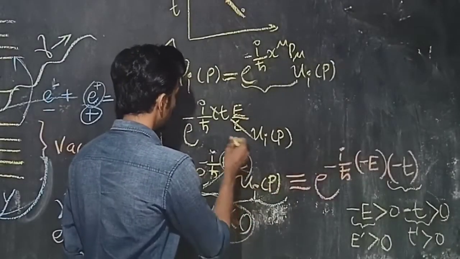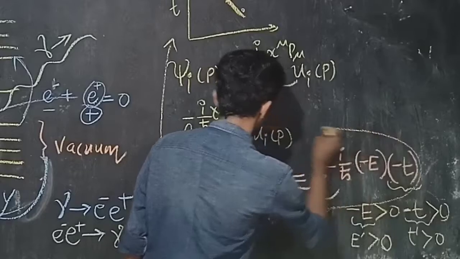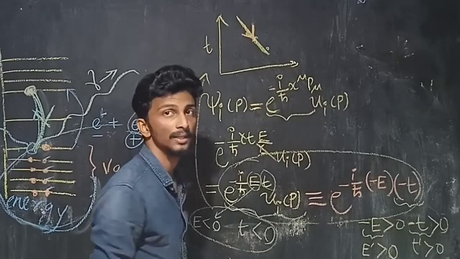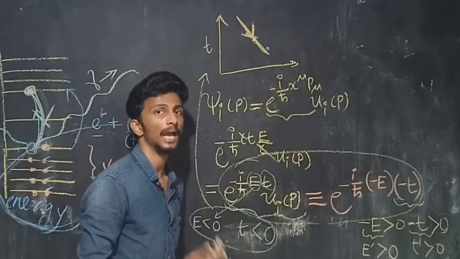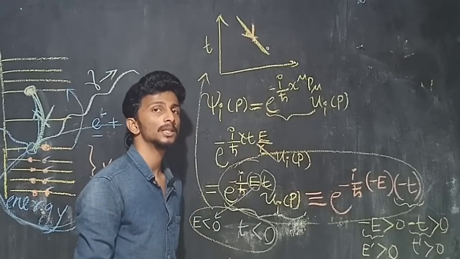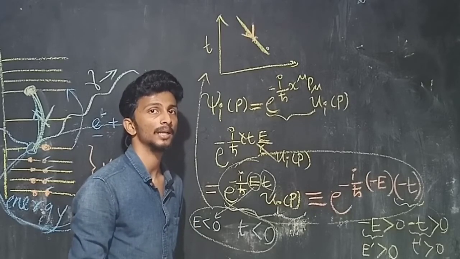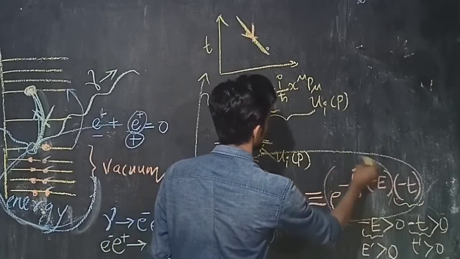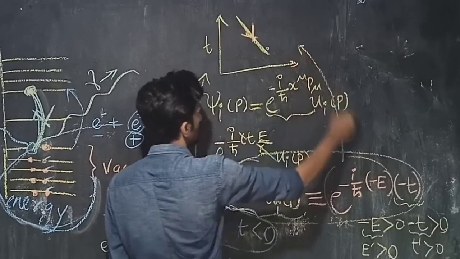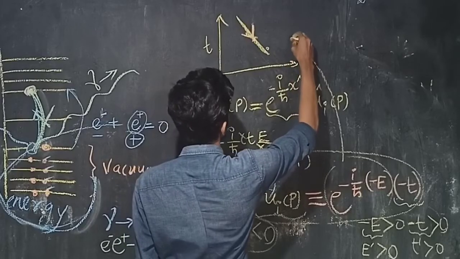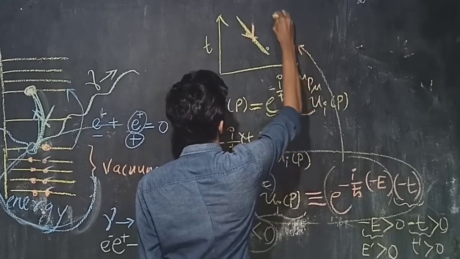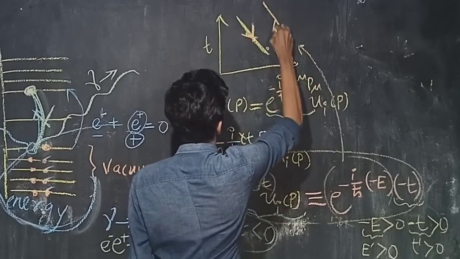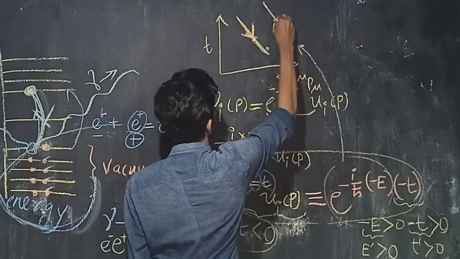So what this equivalence says is that a negative energy particle that travels backwards in time is equivalent to a positive energy antiparticle that travels forwards in time. Let me pictorially represent this here, and this is equal to the arrow in the opposite direction.